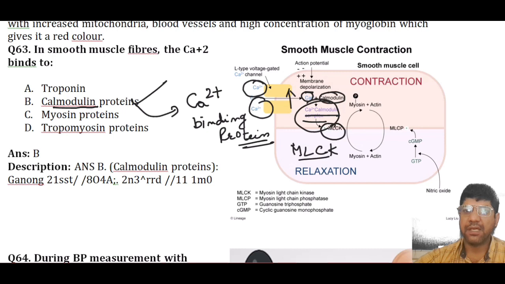Once it gets activated, it allows myosin to bind to the actin filament and initiate the sliding filament mechanism, leading to muscle contraction.